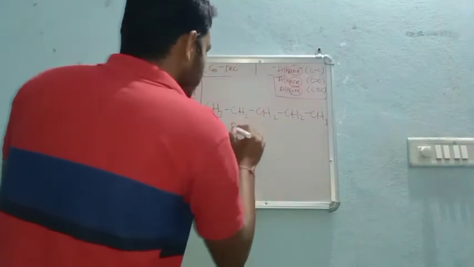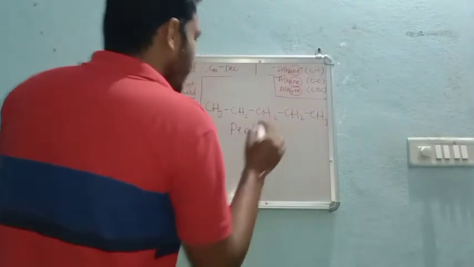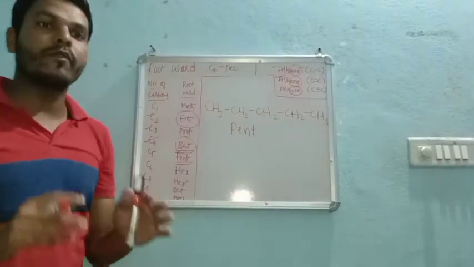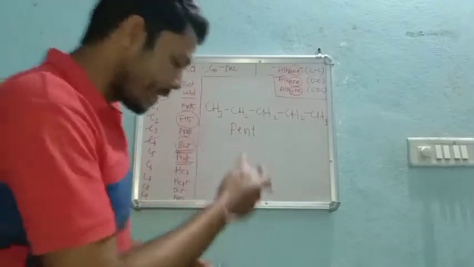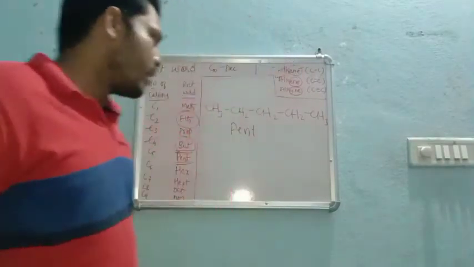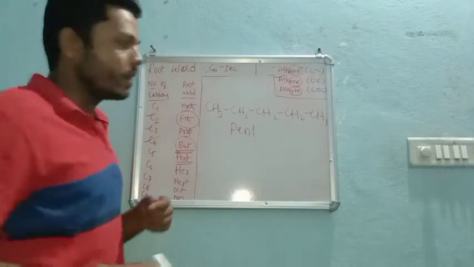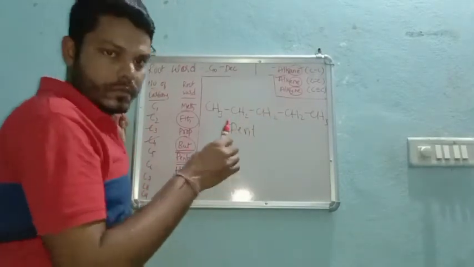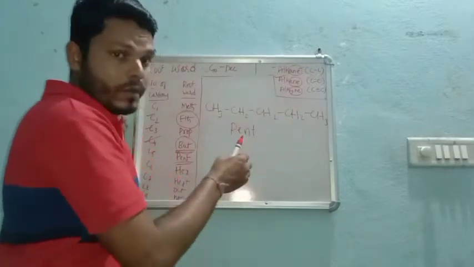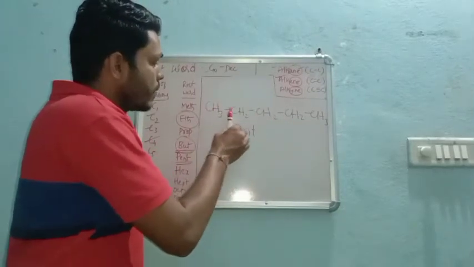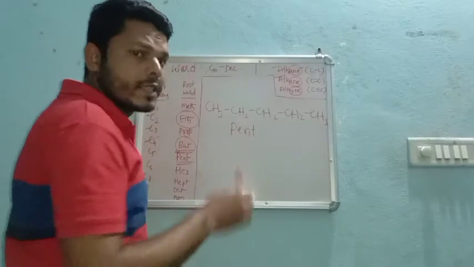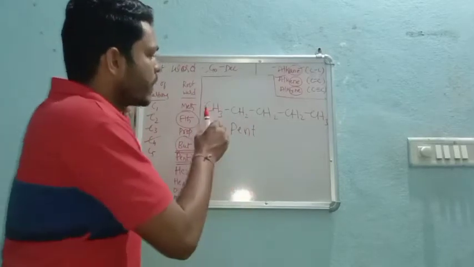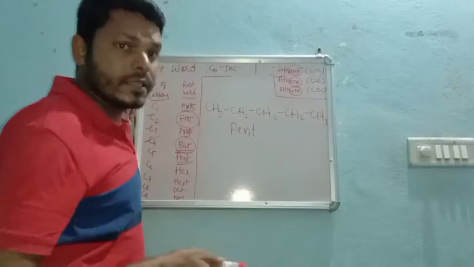So I will just write pent, then later we will go for the suffix, and then we will get the name. Now check whether, in this compound, between carbon and carbon there is a single bond.